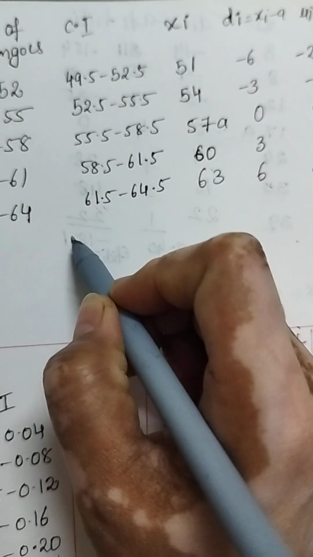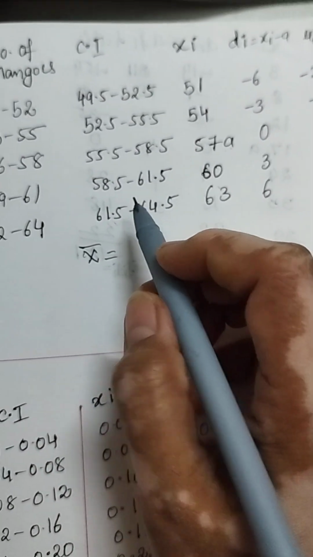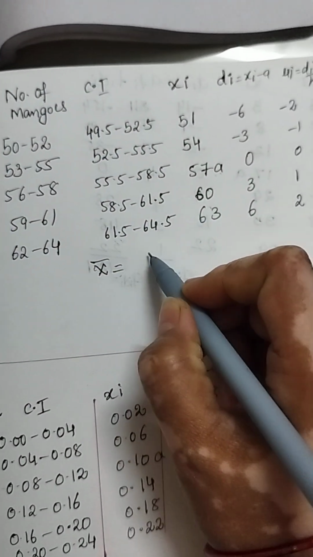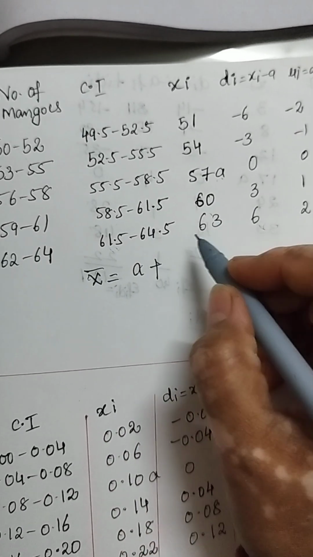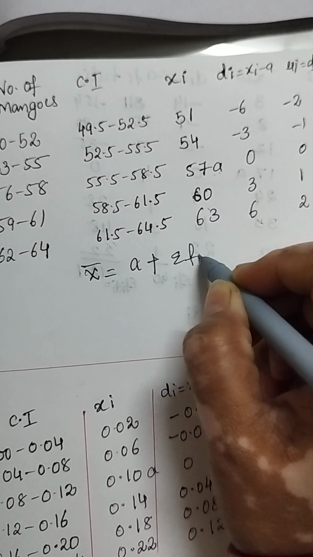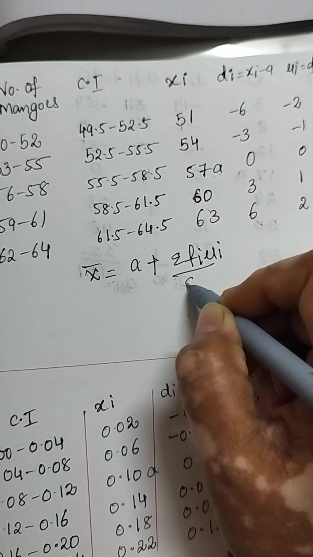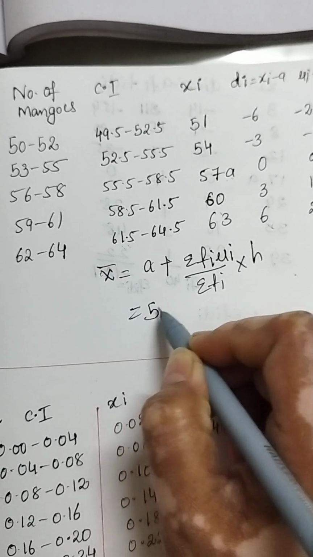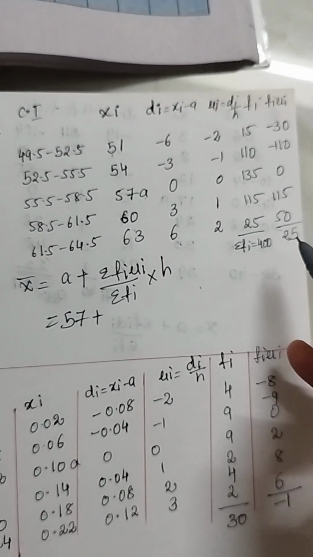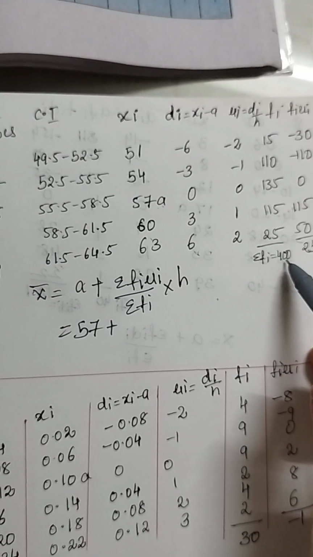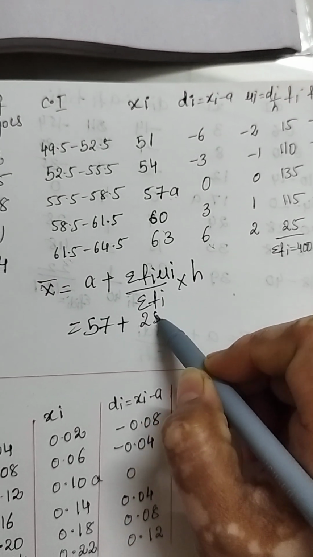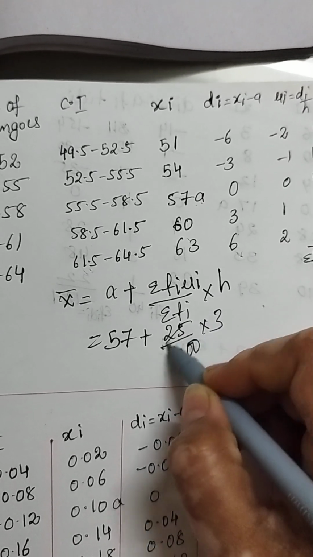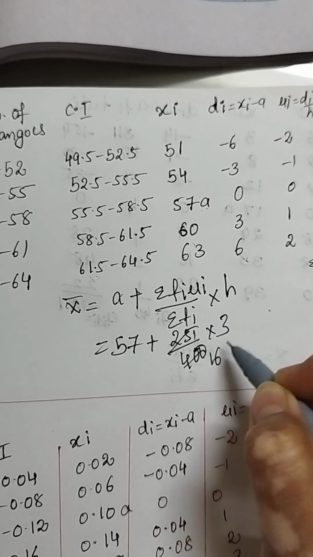Now x bar equal to A plus summation Fi ui by summation Fi into h. So what is A? 57 plus what we got, summation Fi ui is 25 by 400. What is h? It is 3. Okay, now we'll do cancellation. 25 ones are 25, 16 twenty-fives are 400.